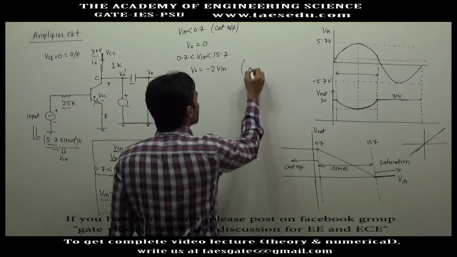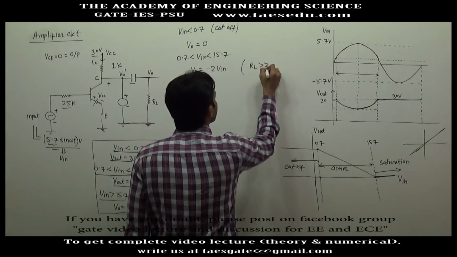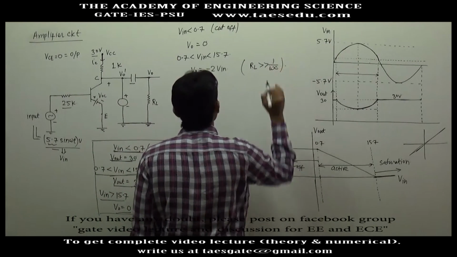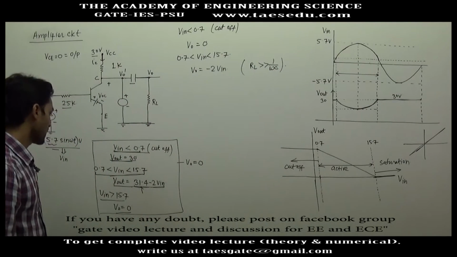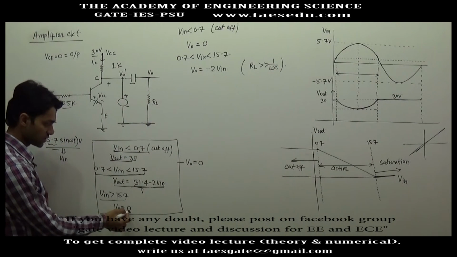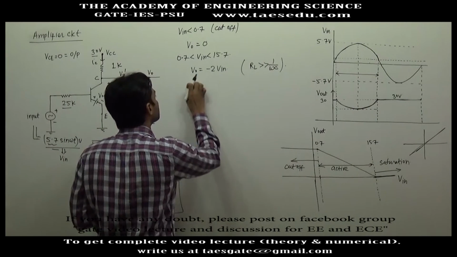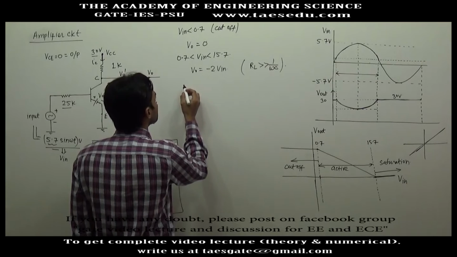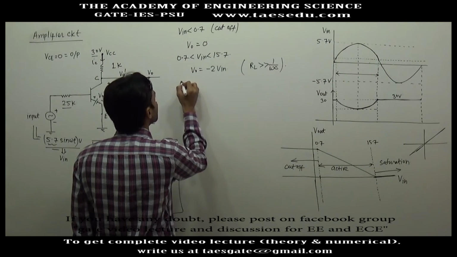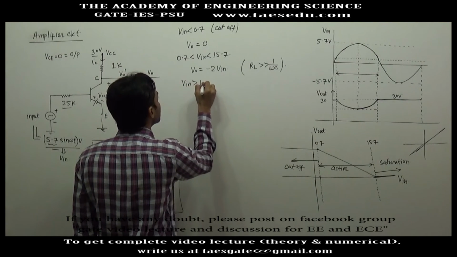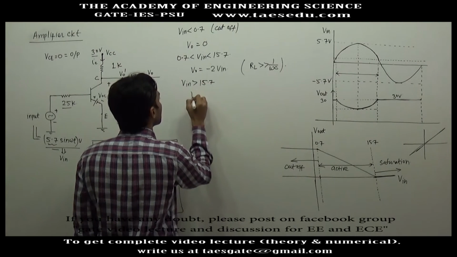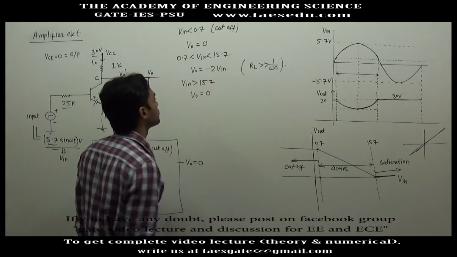I am assuming RL is much greater than 1 by omega C. And in the third case, the output is 0, so the final output will also be 0. In saturation, when V input is greater than 15.7 volt, the output voltage is 0.